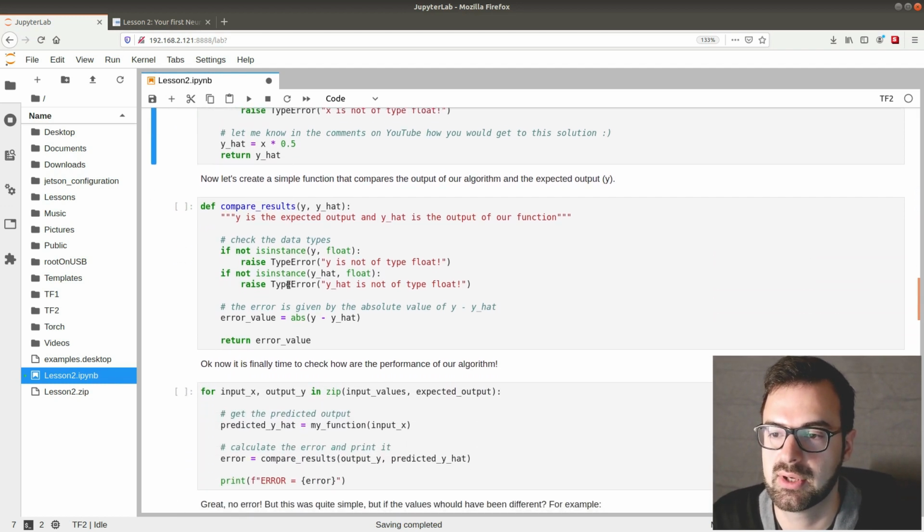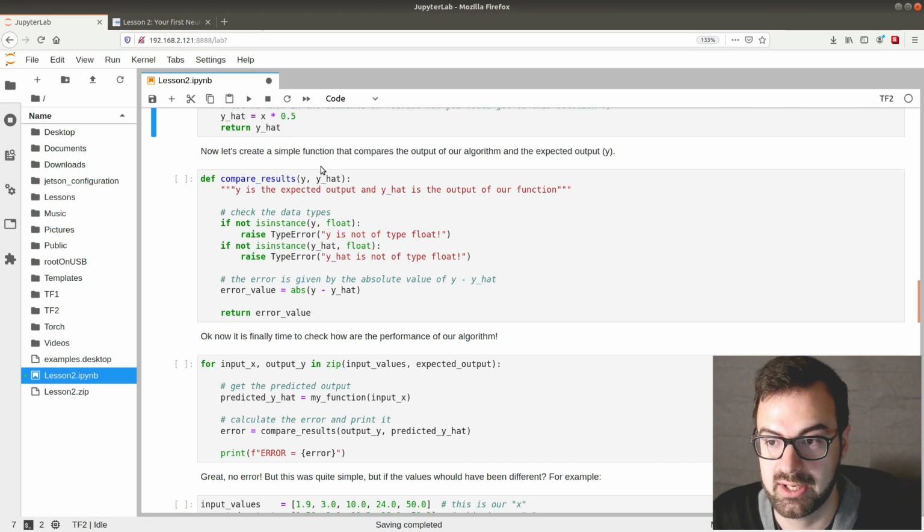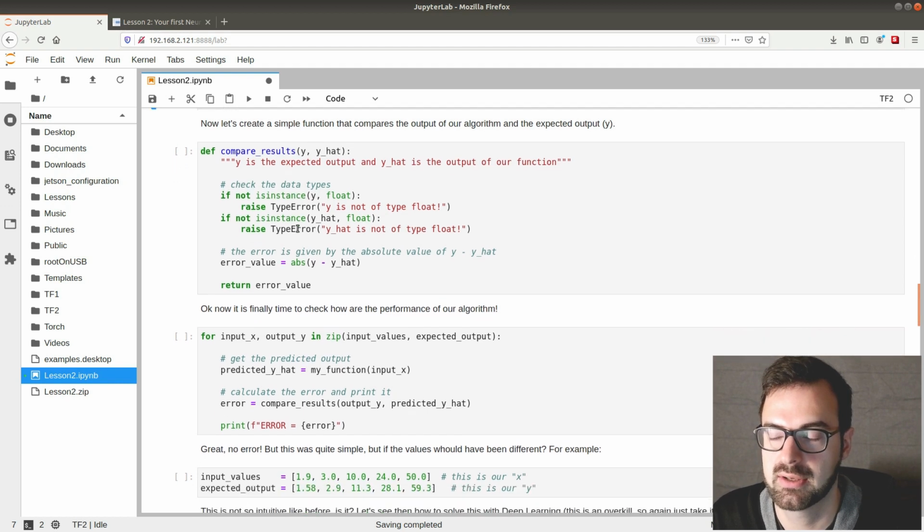Now we need to create another simple function that compares the output of our algorithm and the expected output y, so the labels. Why do we need to compare them? So that we can quantify the error. We take as inputs y and y hat. Y is the expected output, y hat is the output of our function. We do again some type checking.